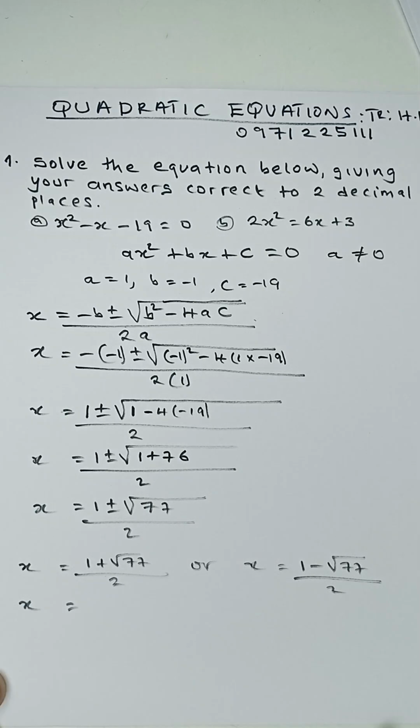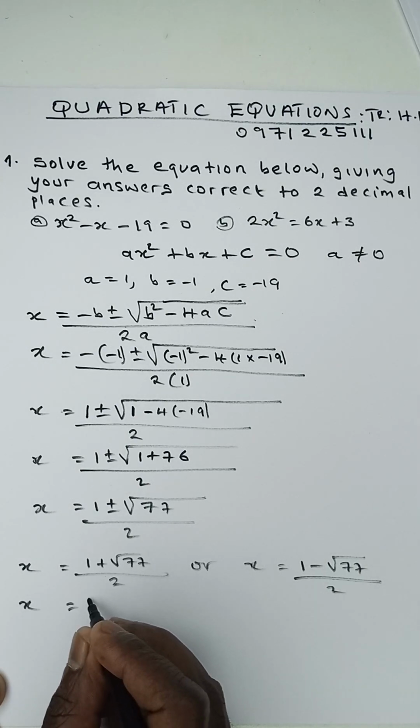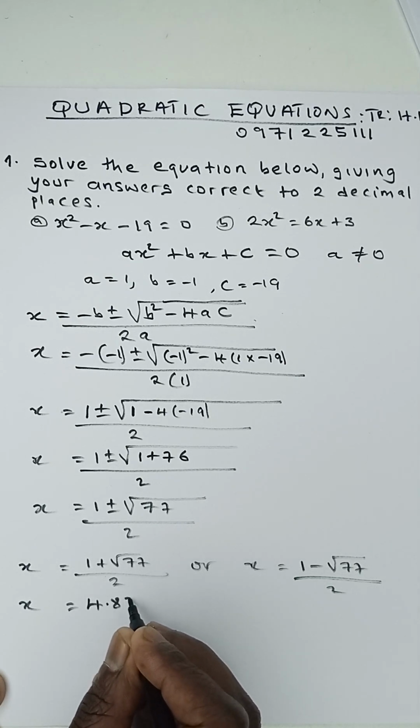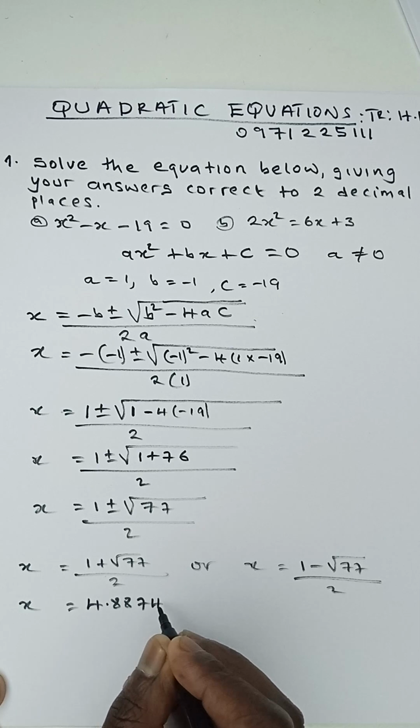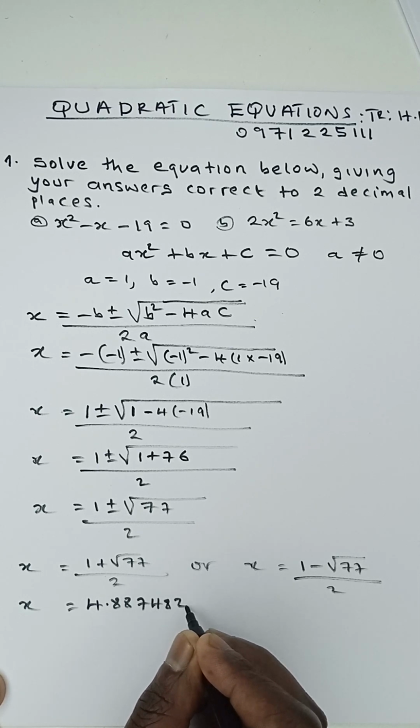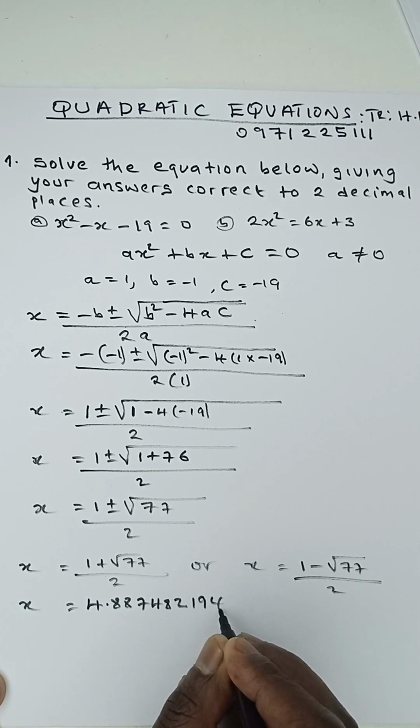So at this point, I'm going to add 1 plus the square root of 77. You get the answer, then you divide it by 2. So I'm getting 4.887482194.